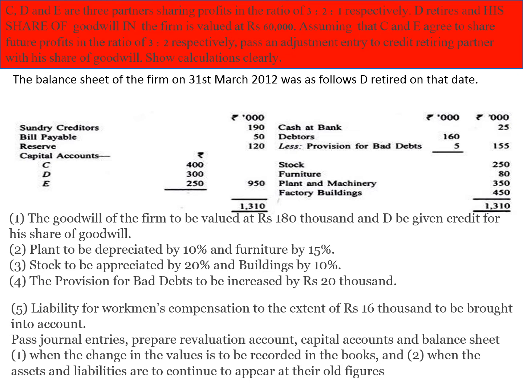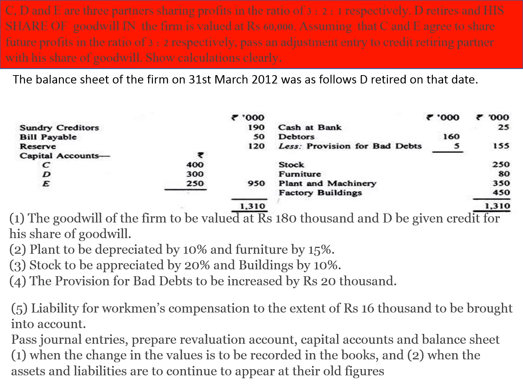First we were showing revaluation to assets or liabilities. So how will we show the reverse entry there? We will show plant account debit, furniture account debit, land and building account debit, provision for workman compensation account debit to revaluation 83,000.